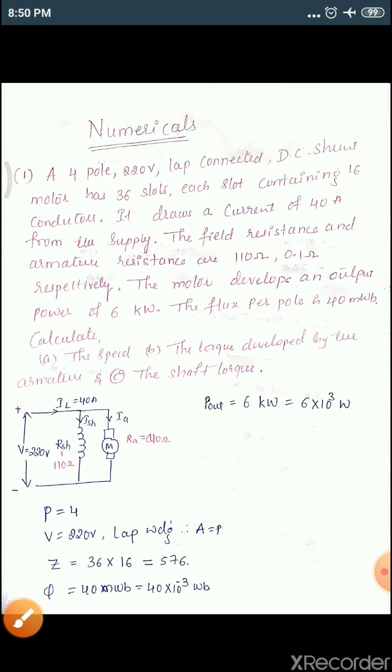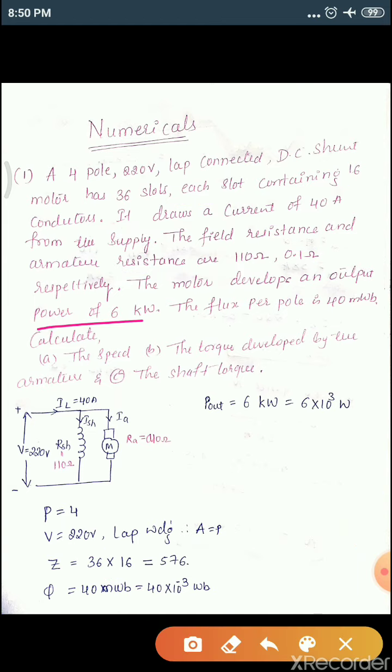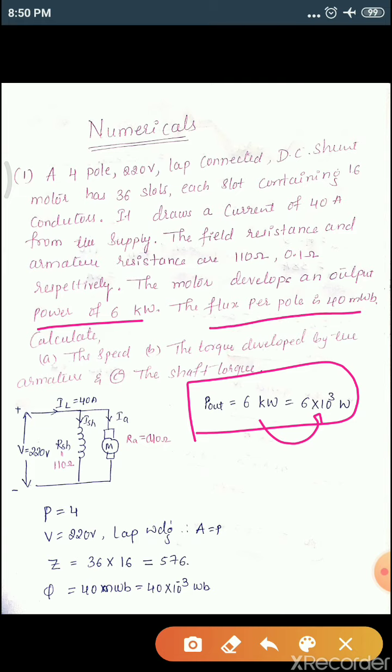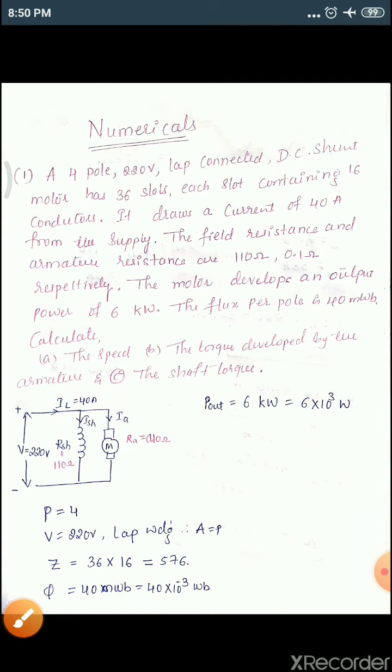The motor develops output power of 6 kilowatt, so P out is 6 into 10 to the power of 3 watts. Flux per pole is 40 milliweber, that is 40 into 10 to the power of minus 3 webers. So all this data we know.